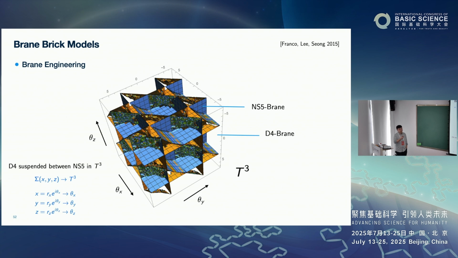So I can visualize this if I project the 3 complex coordinates x, y, and z along the angular directions, theta x, theta y, theta z, which now parameterize a 3-torus. I can now visualize the shape of the mirror surface wrapping the 3-torus, and that picture tells me exactly the location of the NS5 brane wrapping the 3-torus and the D4 brane suspended between that NS5 brane.